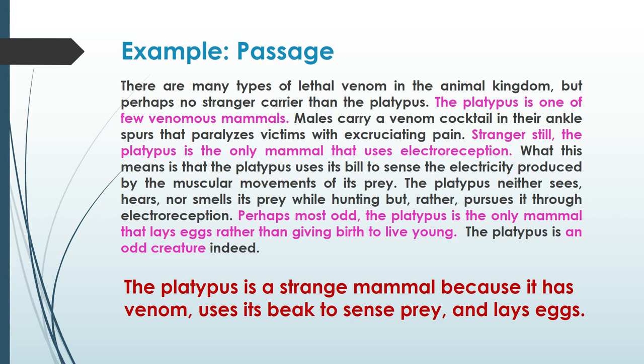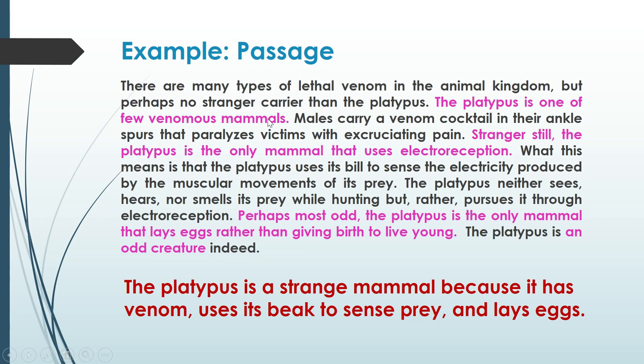This is to the point. So now I know the name of the animal also, and I know its quality as well, that it is venomous, and also the species, that it is a mammal. So I think this is the most focused and most required idea which I had to focus my attention on. So the platypus is one of the few venomous mammals.